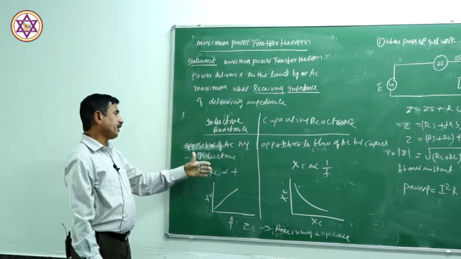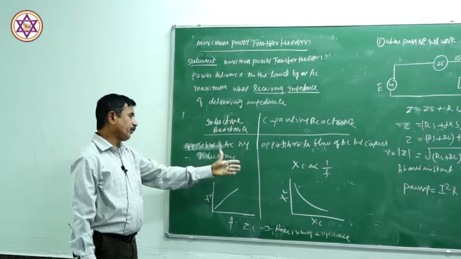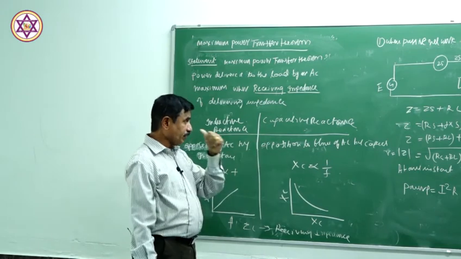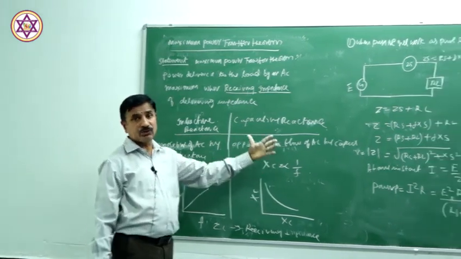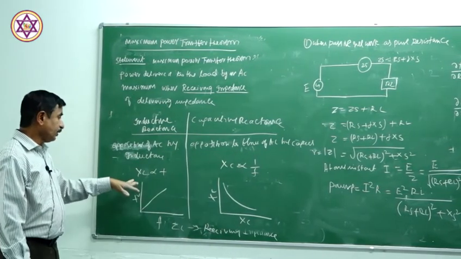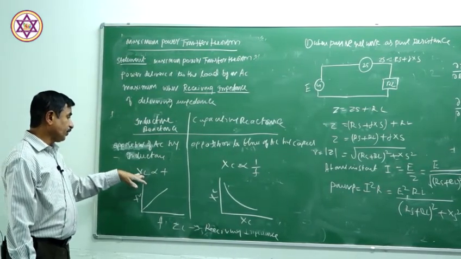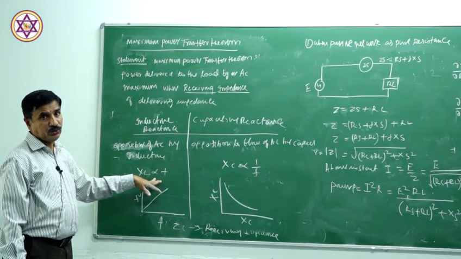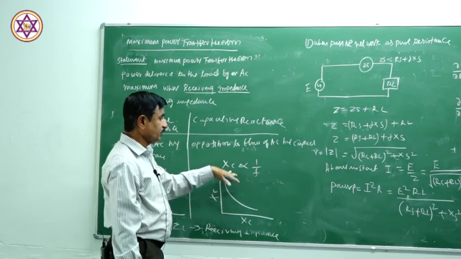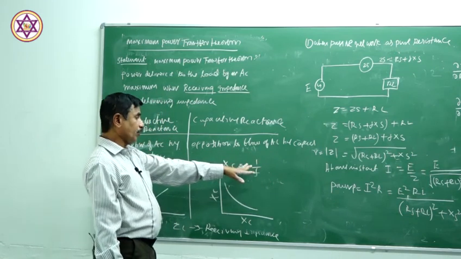In the inductive reactance, the opposition to the flow of AC is caused by the inductor, whereas in the capacitive reactance, the opposition to the flow of AC is caused by the capacitor. The inductive reactance is directly proportional to frequency, whereas the capacitive reactance is inversely proportional to frequency.